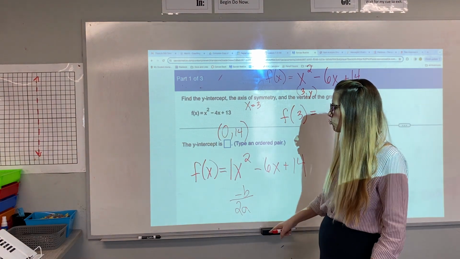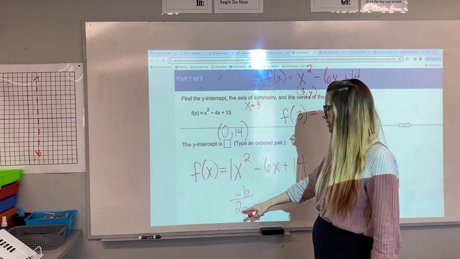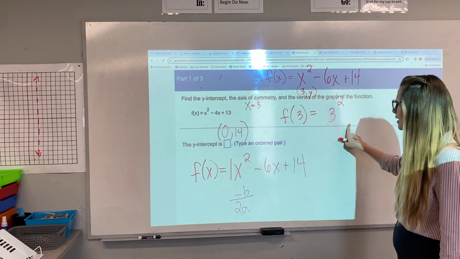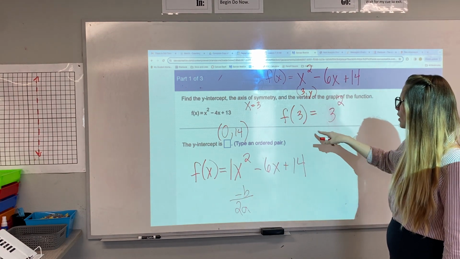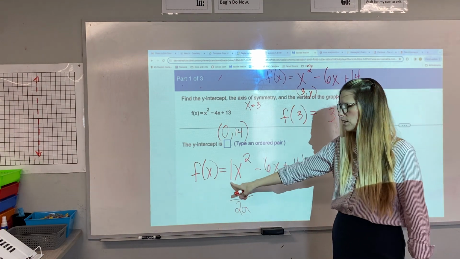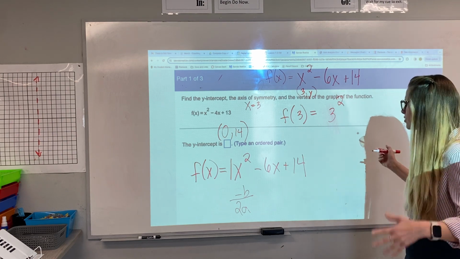This formula requires me to substitute this A value with this invisible one. Subbing in an input for your x does not require me to use the invisible one. You can, it won't change it, but it doesn't require it.